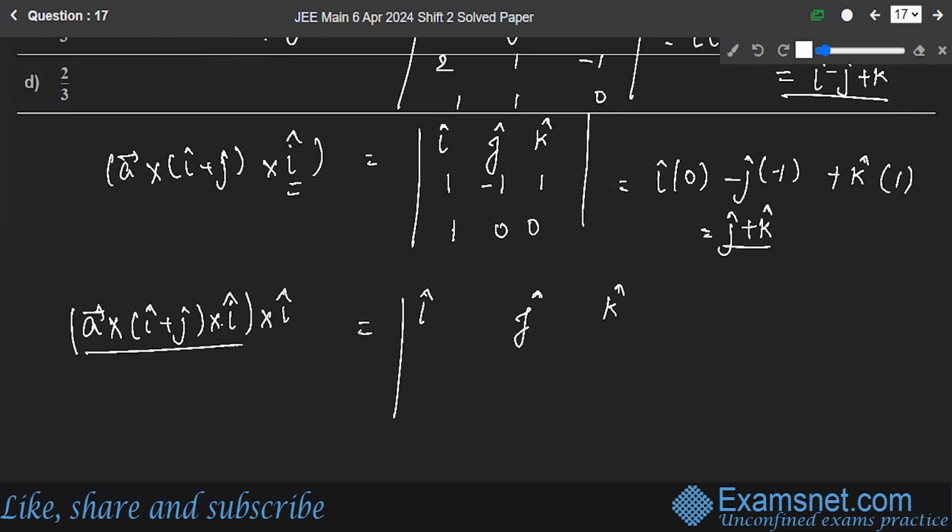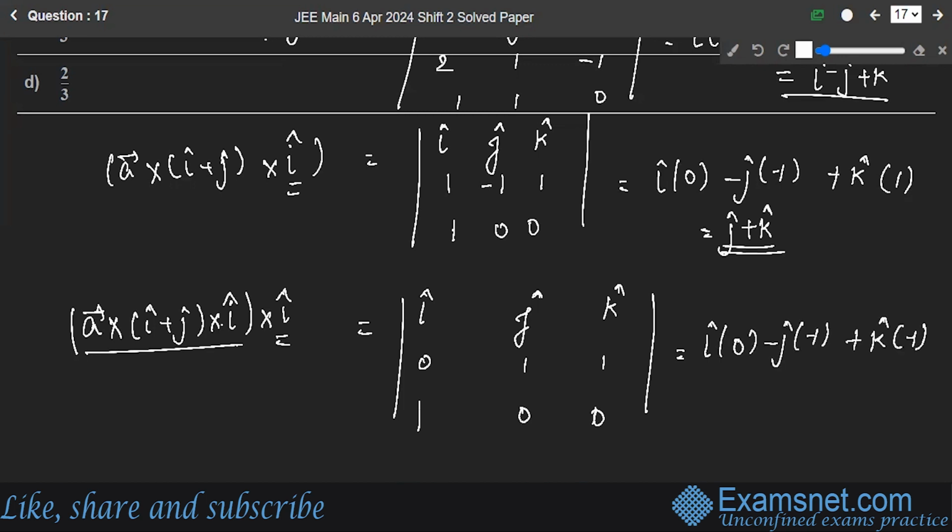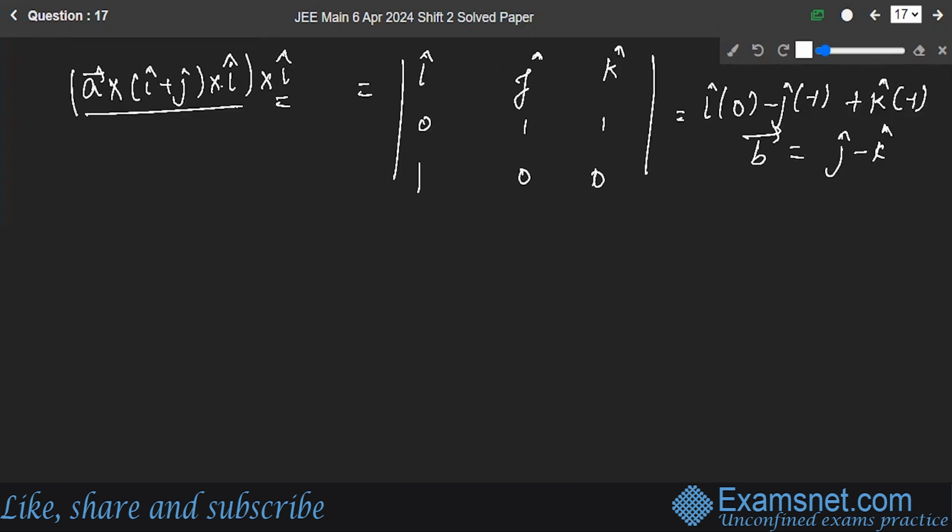Now this was equal to j plus k, so that means 0, 1, 1. And this is I, so 1, 0, 0. Correct. That gives I 0 minus j minus 1, k minus 1. That makes it j minus k, right? So this is your B vector. B vector came out to be j minus k, right?